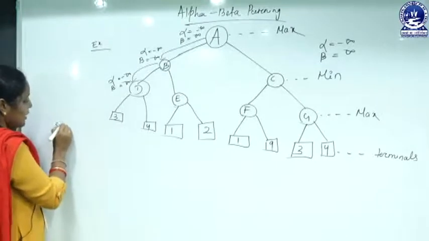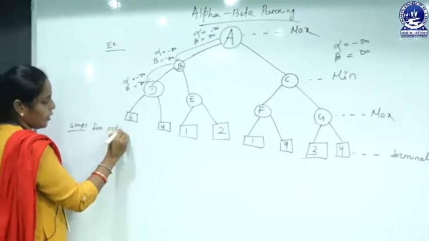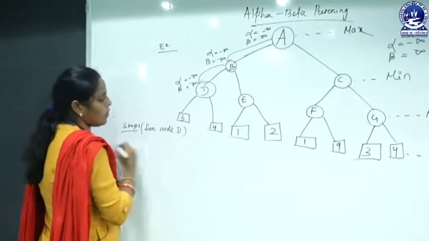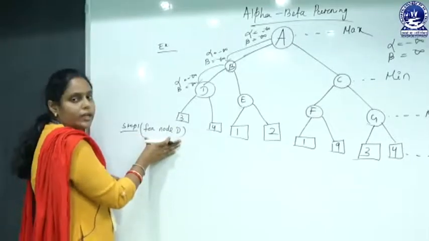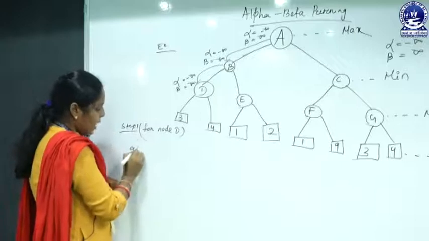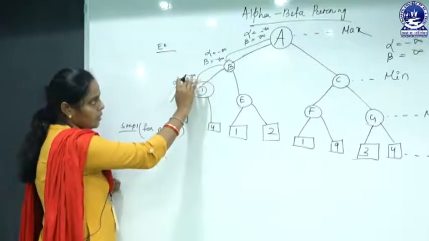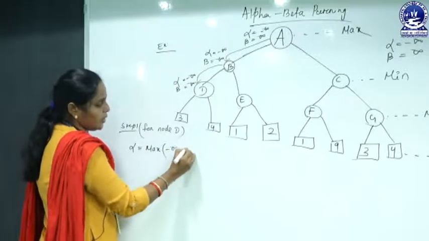Here I am taking step 1 for node D. For node D, the alpha value will be updated. For this, alpha equals max of minus infinity comma 3.